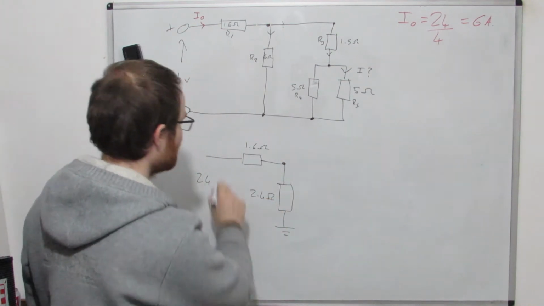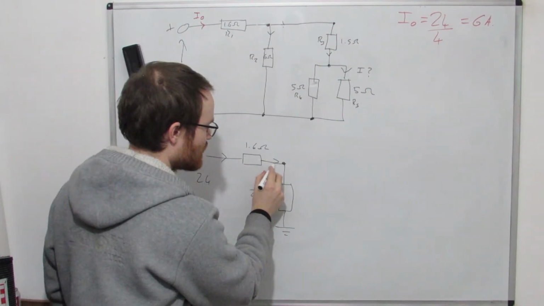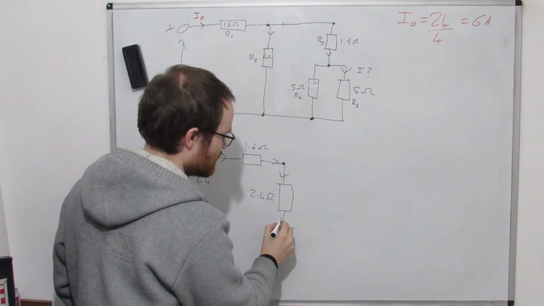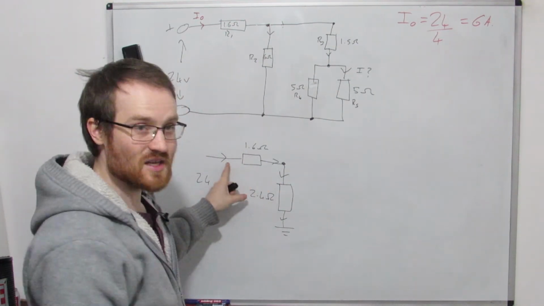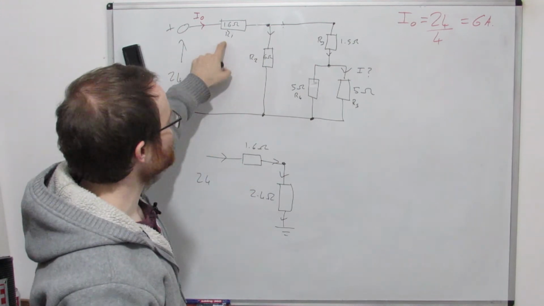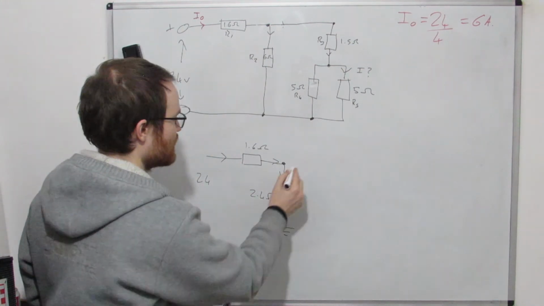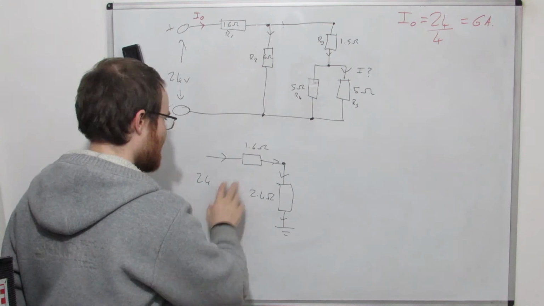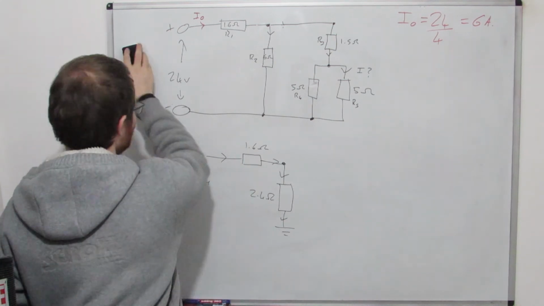Seeing as we know the current here is the same as the current here, because this is all in series, we don't need this resistor. We can eliminate this resistor and calculate the voltage at this point and pretend that this resistor was never there.